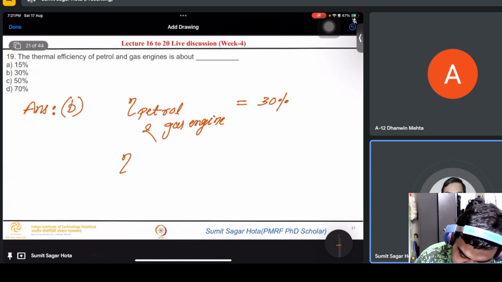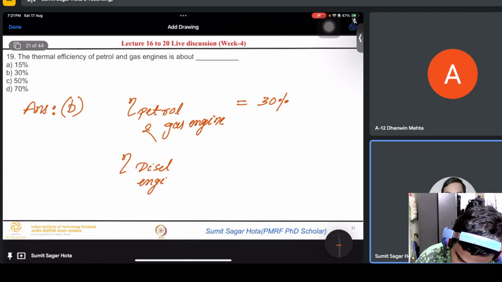And the efficiency of the diesel engine, this is 70%.